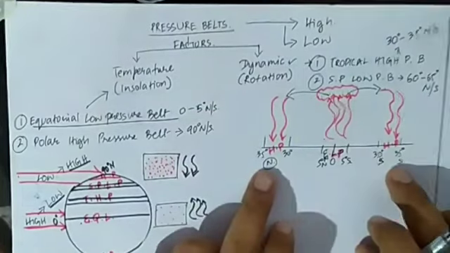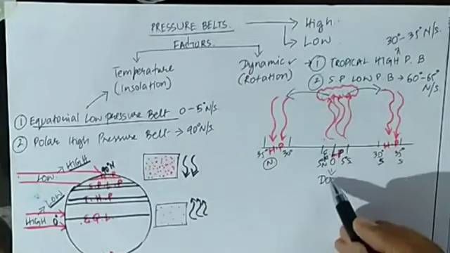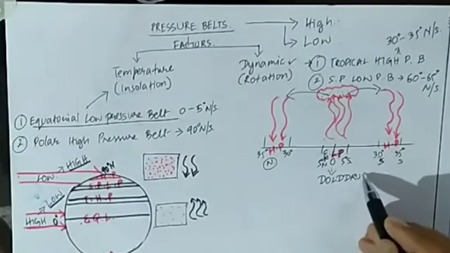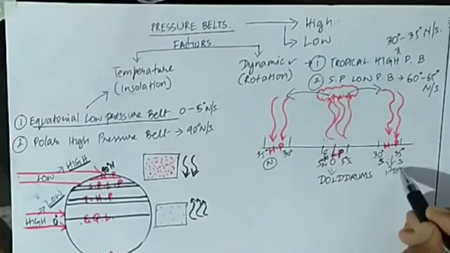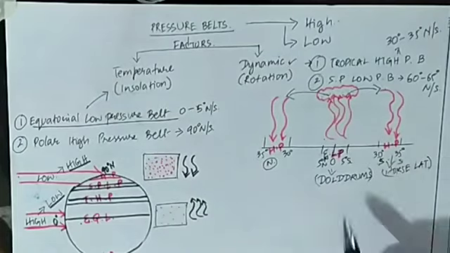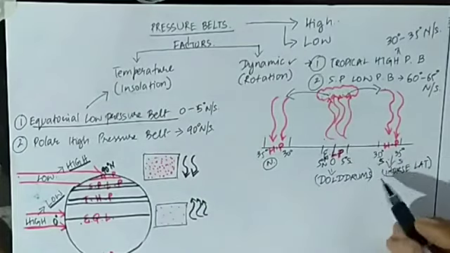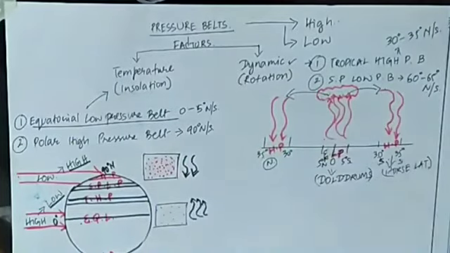And students, different names have also been given to those areas, like the equatorial is also known as doldrums, and this tropical high pressure belt is also termed as horse latitude. Now why it has been given those names is because in this area there is a practical absence of horizontal air.